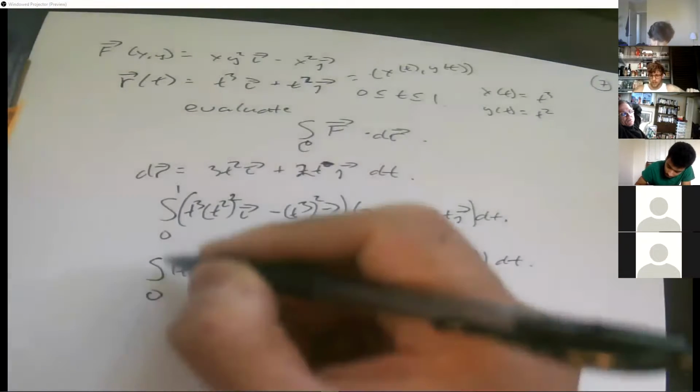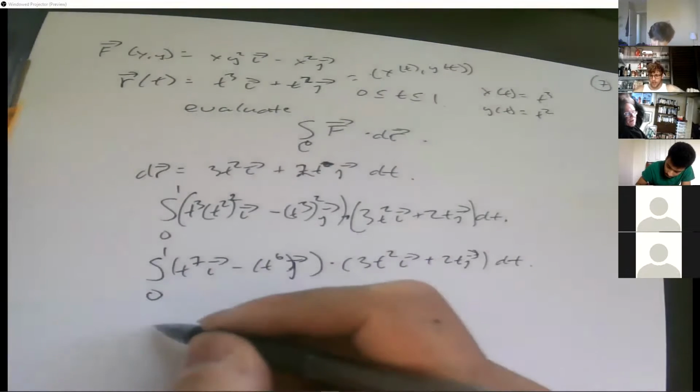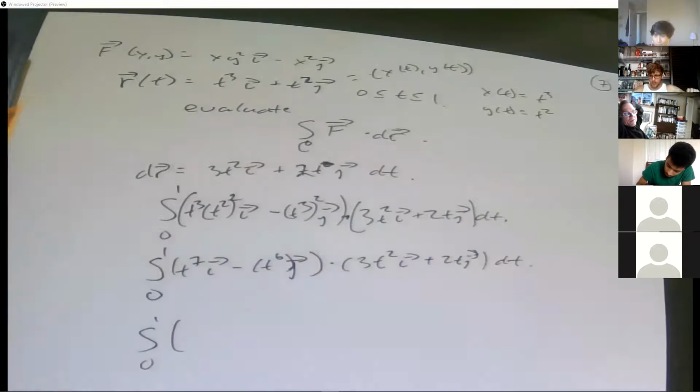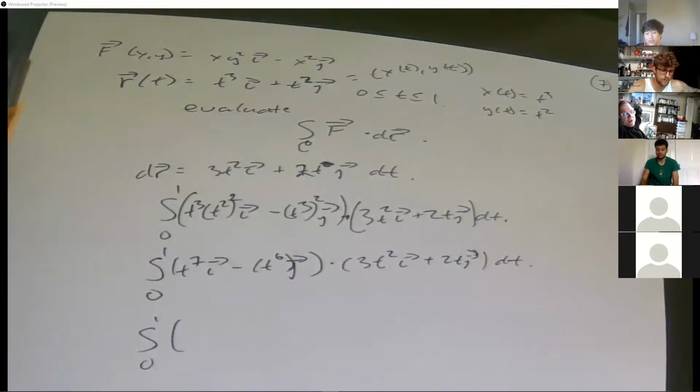So what should I get here once I take the dot product? How do I take the dot product? Got to remember all of our vector calculus from the beginning. Yeah, take the product so i's and j's and k's go together. Yep. i's go together, j's go together, and k's go together. There's no k's here. So tell me what to write here, Darius.